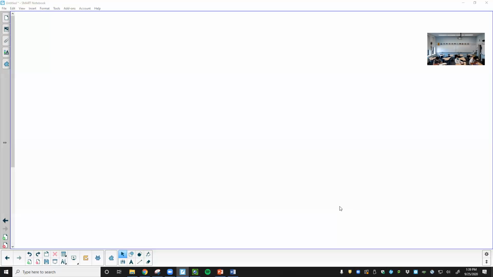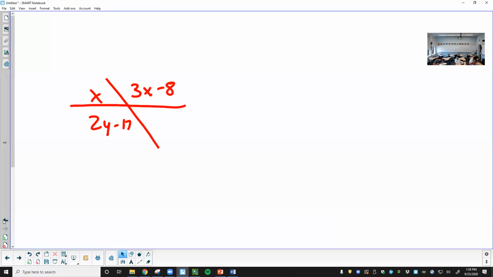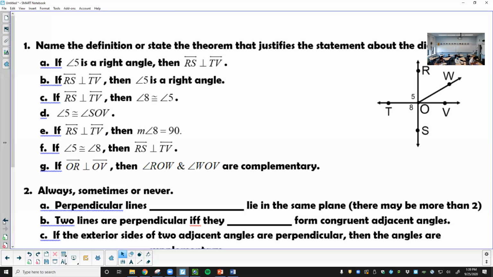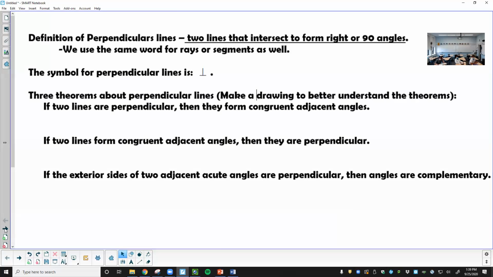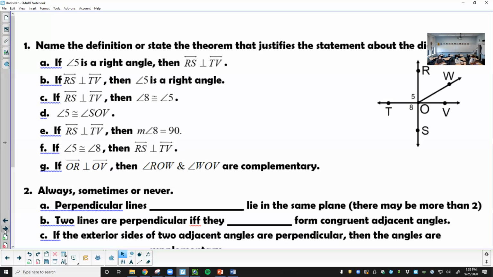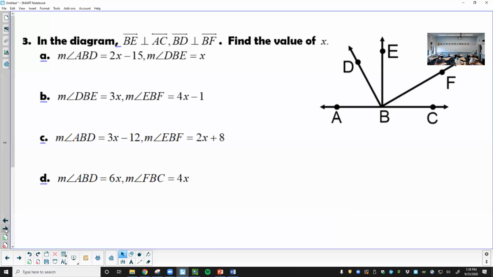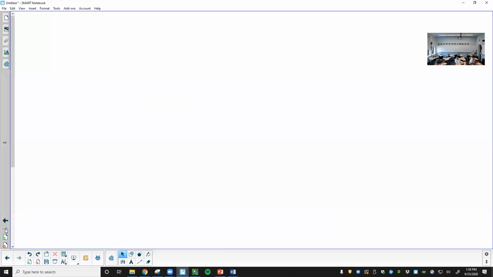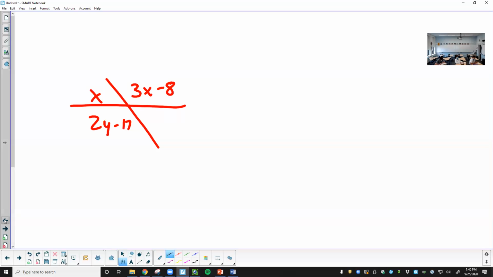Okay. Let's take a look at 32. What do we know about this diagram?